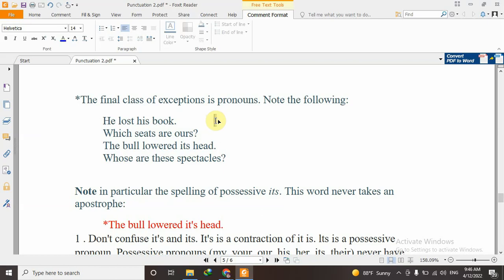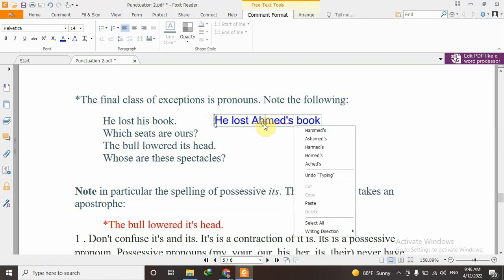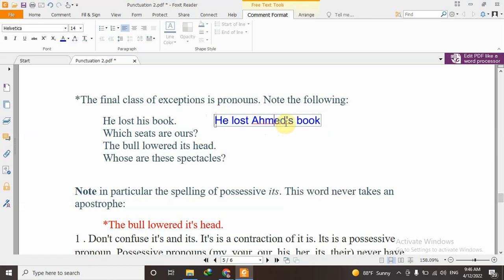When I say "he lost Ahmed's book", it is clear that Ahmed is someone who is not "he". If it is him, I should not say "Ahmed lost his book", I must say "he lost his book". Okay, he lost his book.